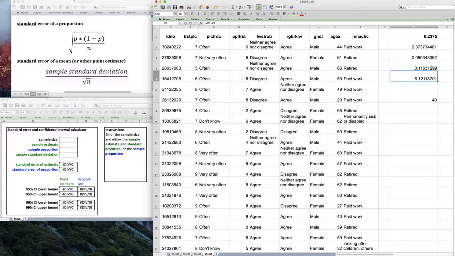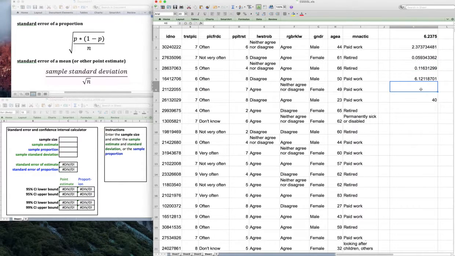And then all we have to do is take 1.96 standard errors away from our sample mean, and 1.96 standard errors added on to our sample mean. That's the first calculation, that minus that.